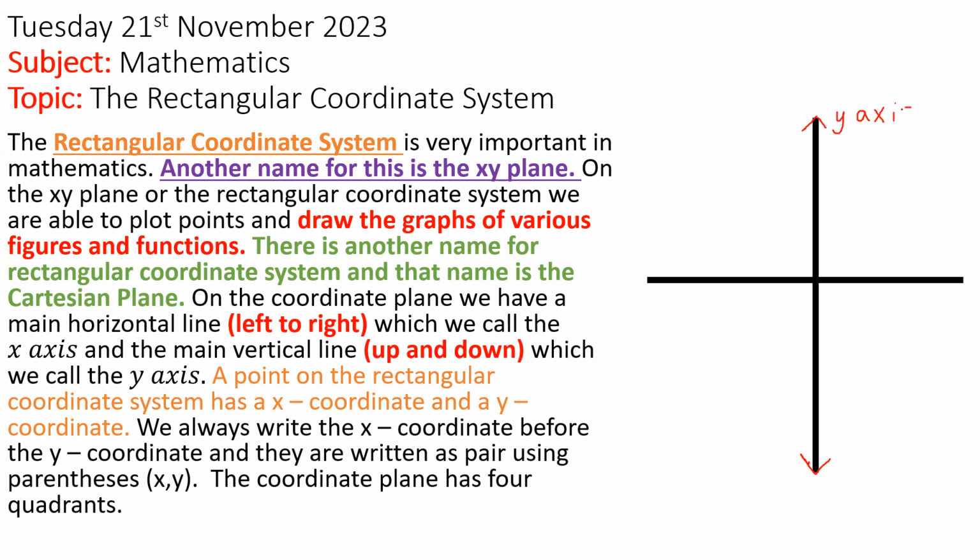And then this one is the x-axis. Very good. This is what we call the Cartesian plane, or you can call it the rectangular coordinate system.